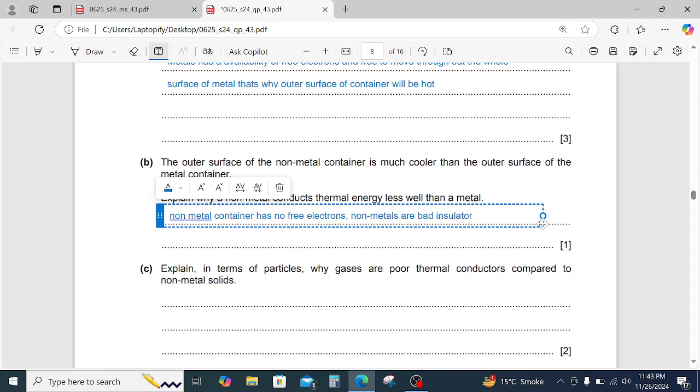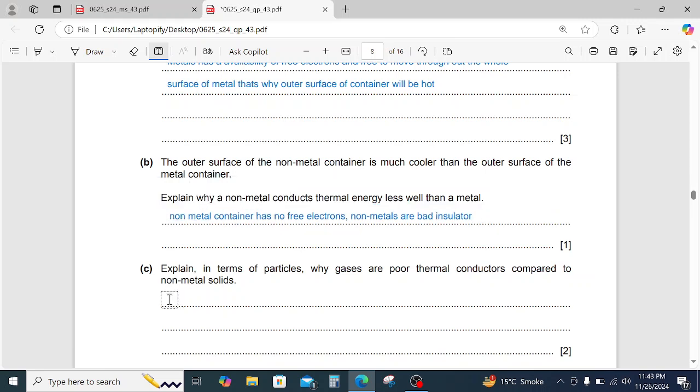Next is explain in terms of molecules why gases are poor thermal conductor compared to non-metal solids. The reason is that if you have any idea about the property of gases, the particles in a gas are far apart from each other.